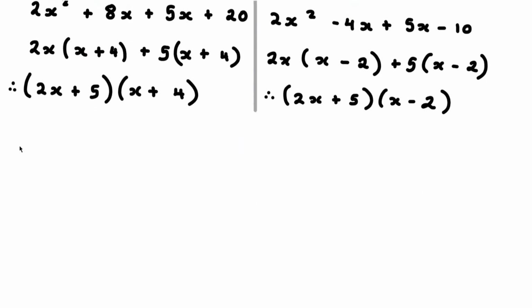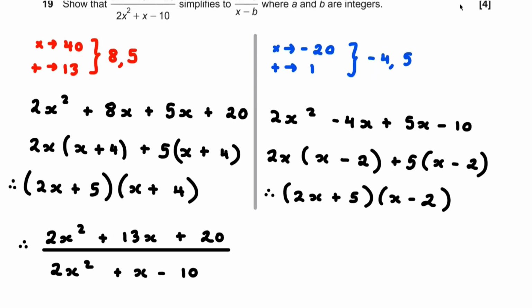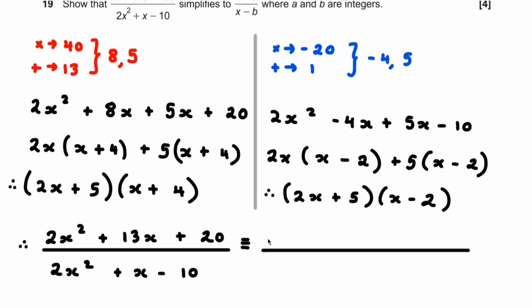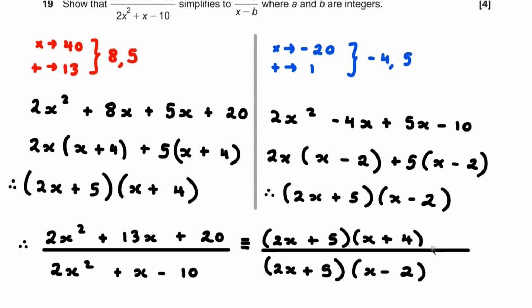So when I come to simplify, well, I've got this expression here, and what this is equivalent to is 2x plus 5 multiplied by x plus 4 over 2x plus 5 multiplied by x subtract 2.